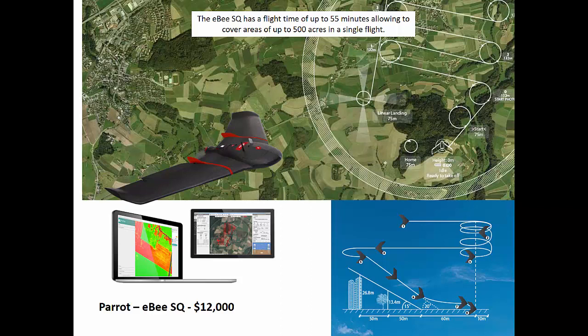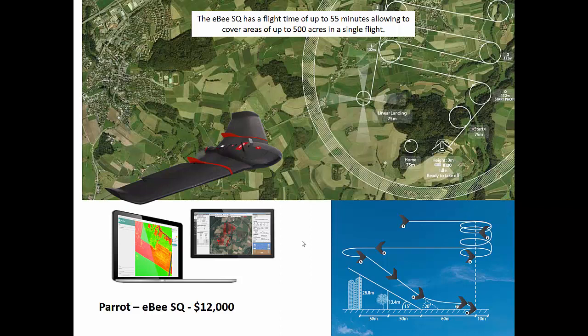When we talk about these type of fixed wing systems, we need to consider that you will need some space to land specifically, and possibly to take off from. Then you're probably going to need a dedicated laptop or some type of ruggedized tablet running a Windows operating system for mission planning to allow the drone to fly its missions.